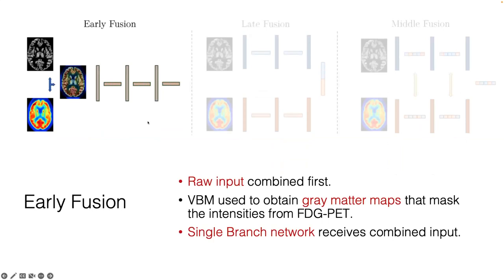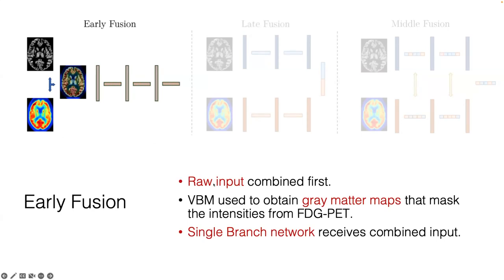First, I want to talk about early fusion. Early fusion is summed up as a single branch network that receives the combined volume images as input. So we see here that the raw input is combined first to form a fused volume input.